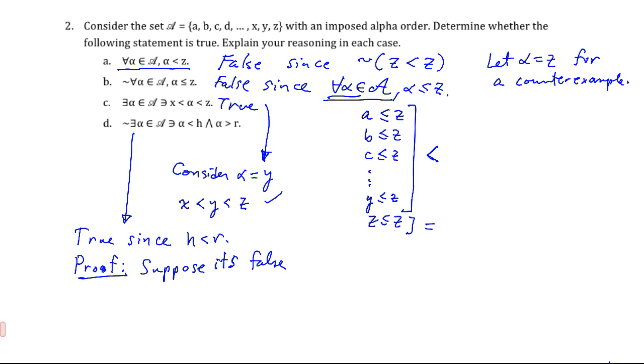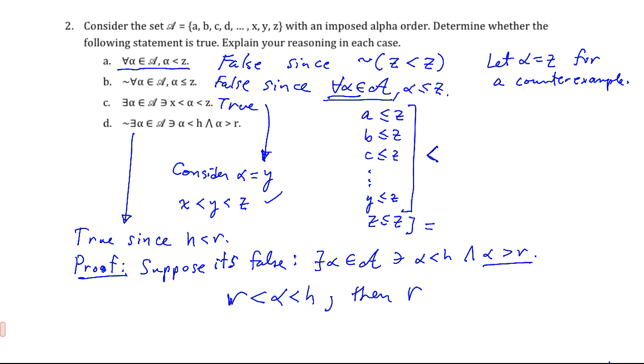And suppose that there does exist an alpha in the alphabet such that alpha is less than H and alpha is greater than R. Then we could say that alpha is less than H, but alpha is greater than R. And if R is less than alpha is less than H, then R is less than H.